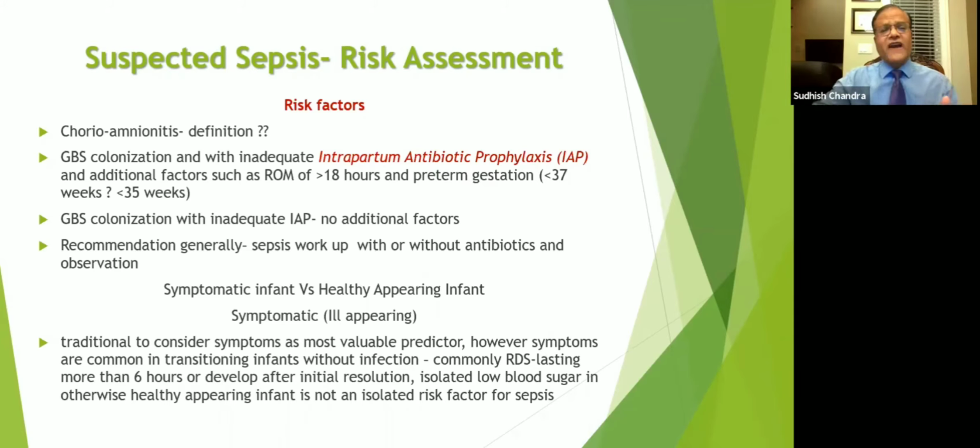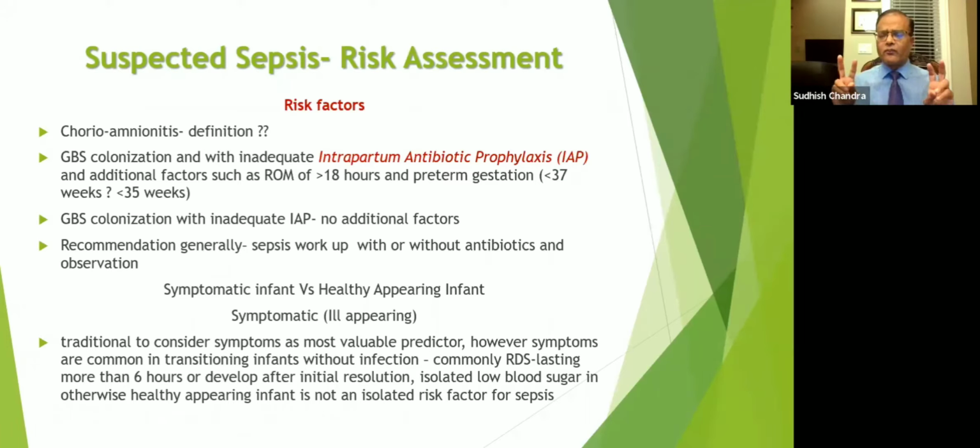So what are those risk factors? Chorioamnionitis is the most important risk factor, and we can always argue about the definition, especially from the neonatal standpoint, because we may not know if our OB colleagues have diagnosed chorio or not.